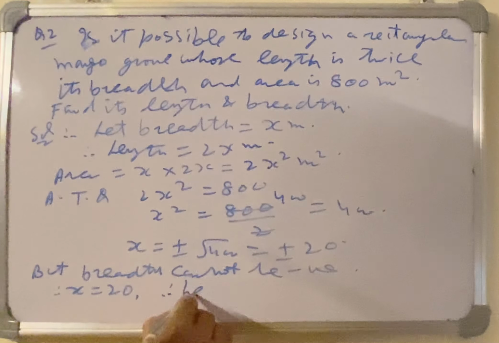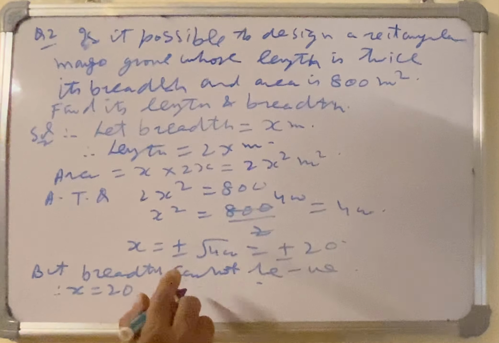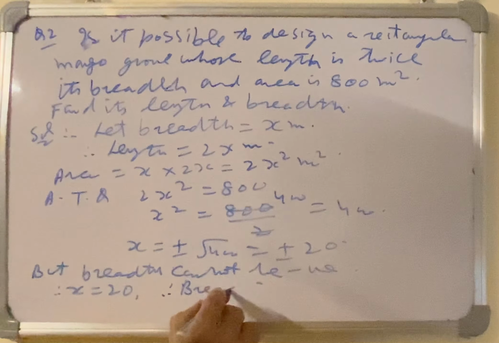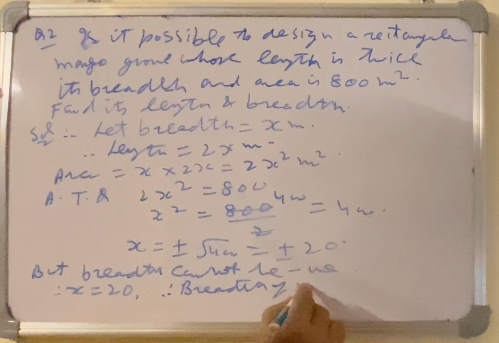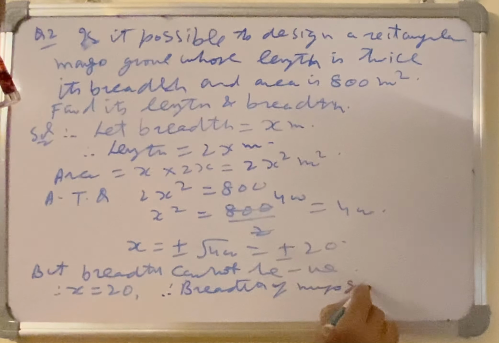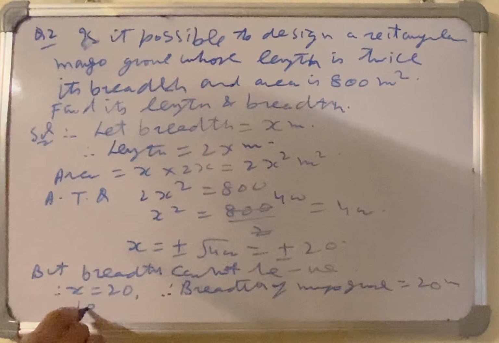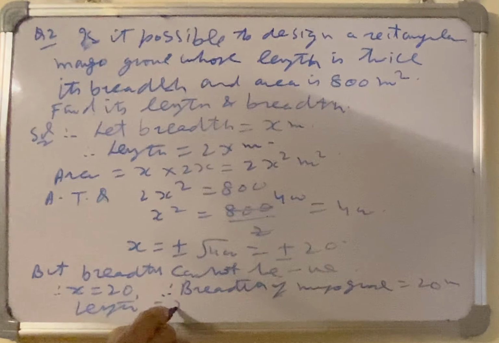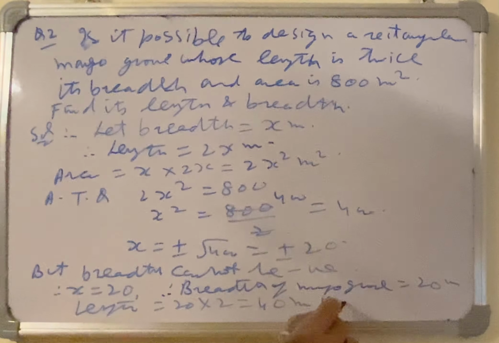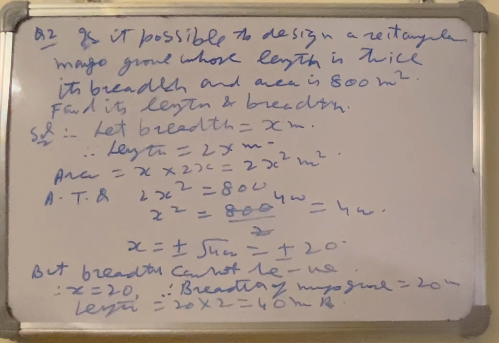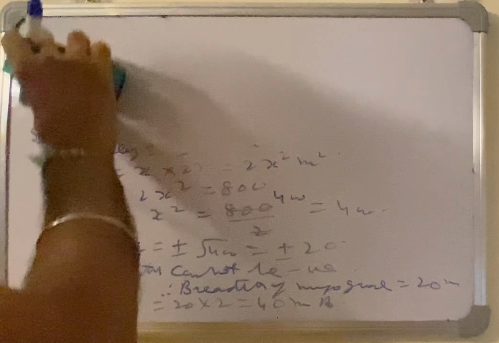Therefore, the breadth of the mango grove is 20 meters, and the length is 20 into 2, 40 meters. This is the answer. Then we take the third question.